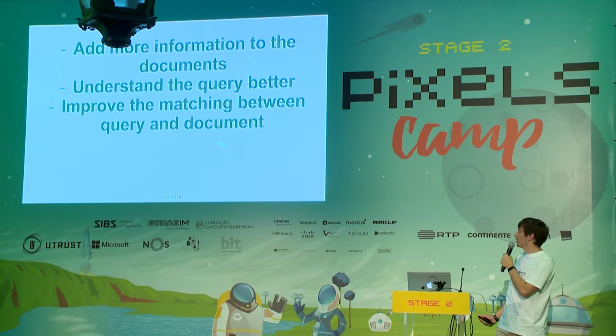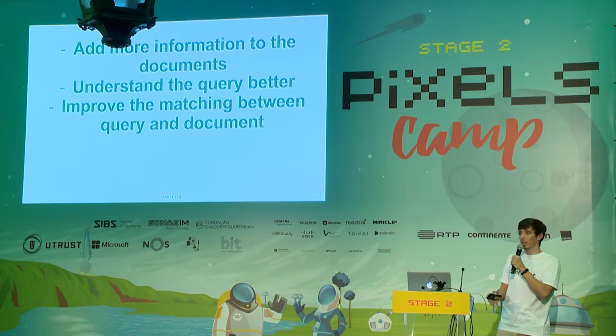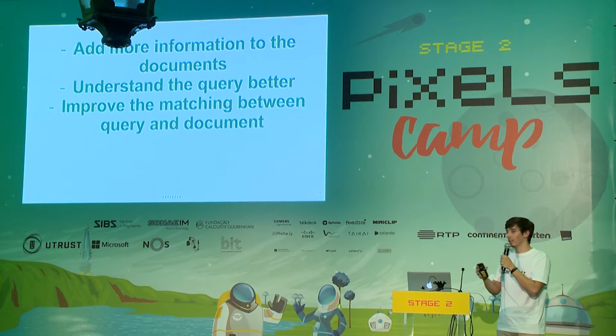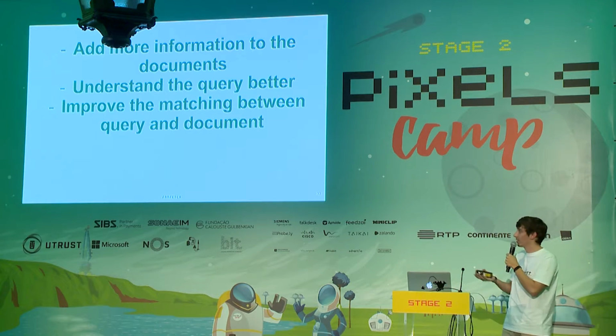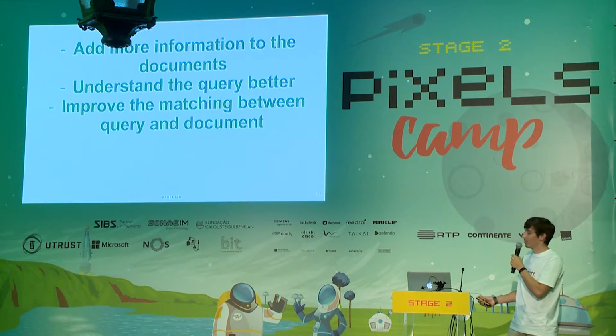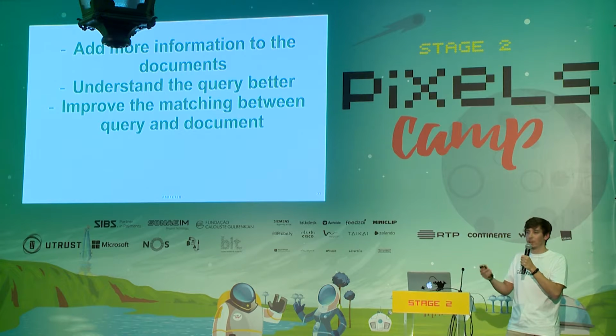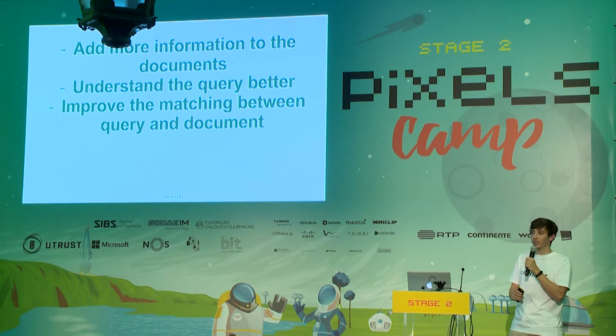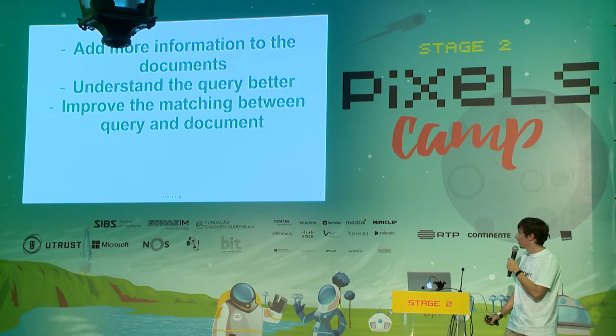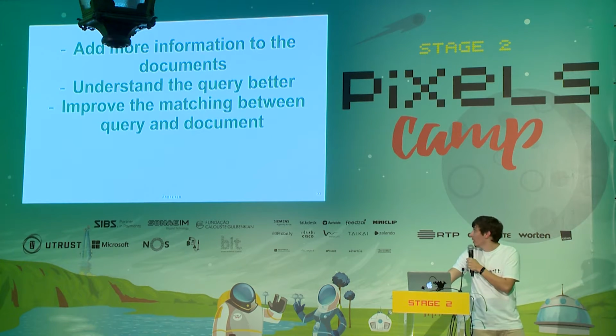I can try to understand the query better. So I could say, in those contexts, golden is a color, and in another type of context, golden isn't a color, it's a brand. And I could also say, okay, it is something on my matching side, so I'm giving more relevance to matches in fields where they shouldn't happen.